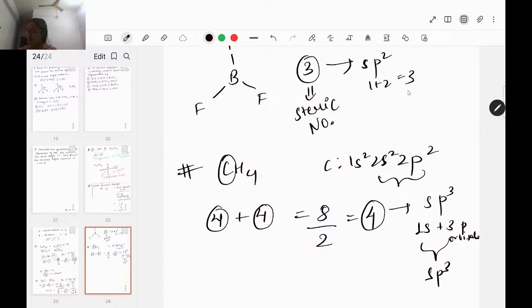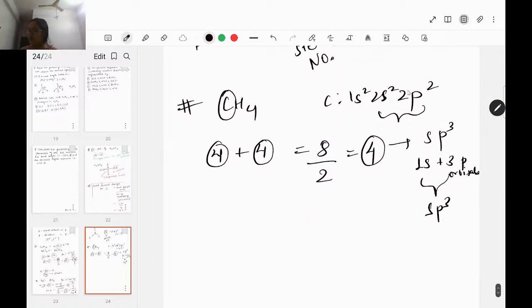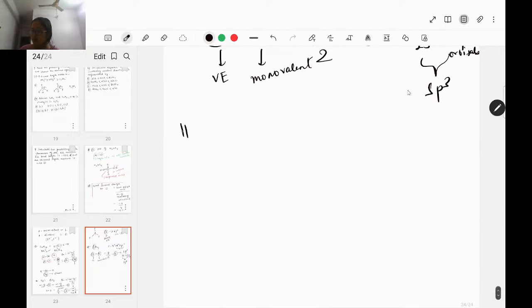So sp3 hybridization will always have a steric number of 4, and we get that through the number of valence electrons of the central atom, which is carbon, and the number of monovalent atoms, in this case hydrogen. Now let us try to find out for another molecule like PCl5. What is PCl5? Let us find out how.